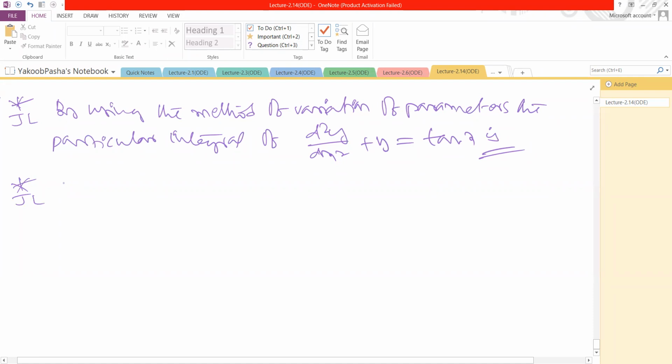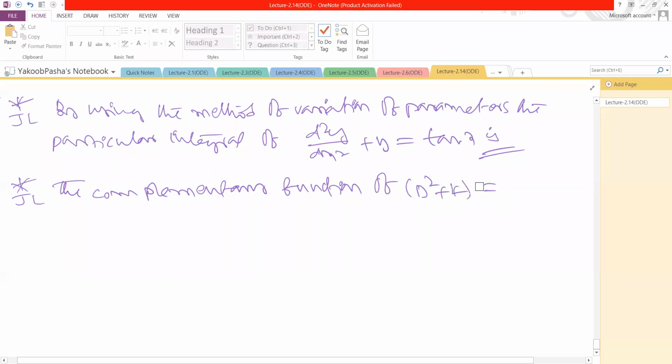The complementary function of d square plus 4 into y is equal to tan 2x by the method of variation of parameters.